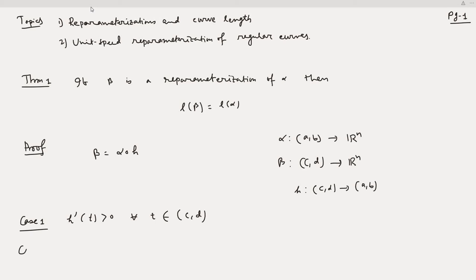And case 2, we consider beta is a negative reparameterization of alpha, that is h prime of t less than 0 for all t belongs to [c, d]. So recall that beta is a reparameterization of alpha if it is either a positive or negative reparameterization of alpha. Okay, so we have two cases to be considered.